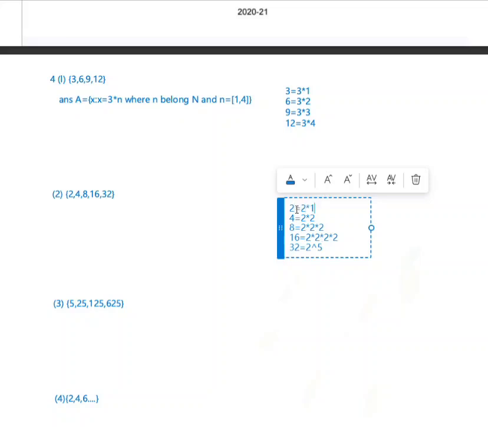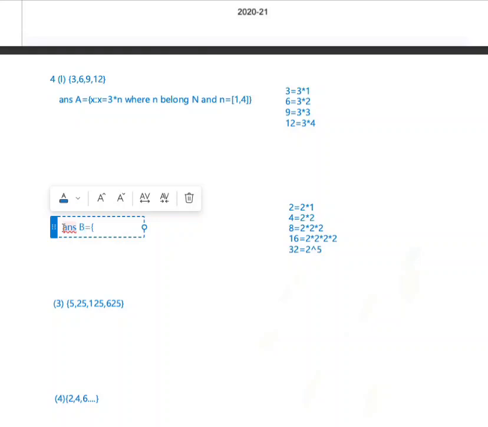So from here we can say that 2 is multiplied by 1 here, and here 2 is multiplied 2 times, here 3 times, 4 times, 5 times. So we can say that this is the power of 2. Understood?